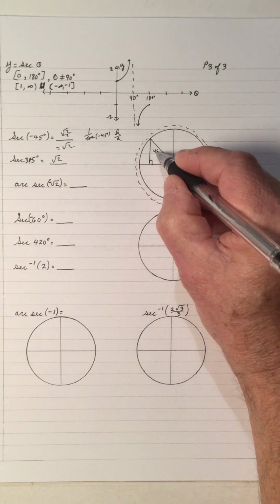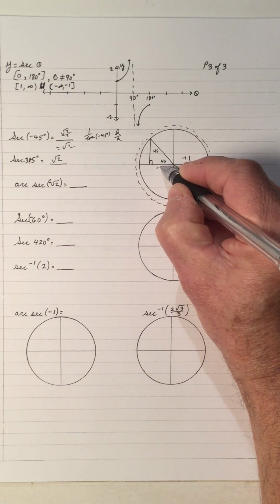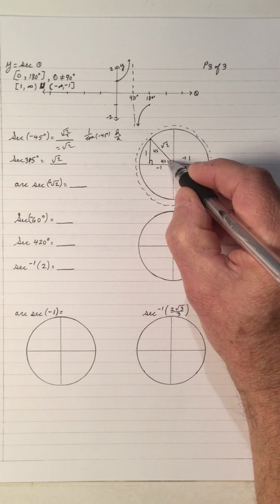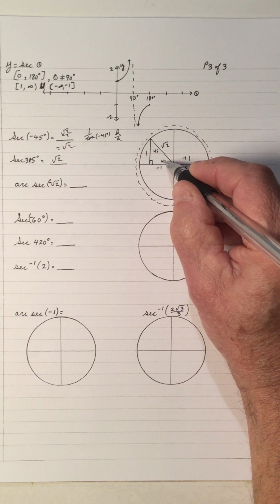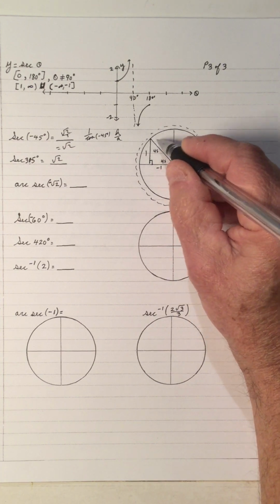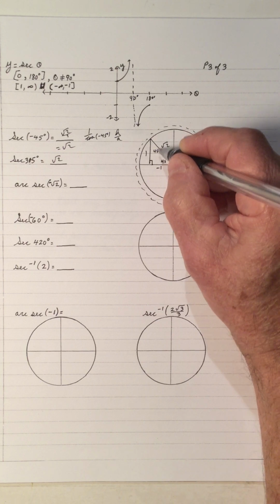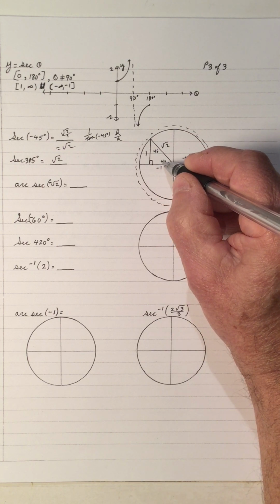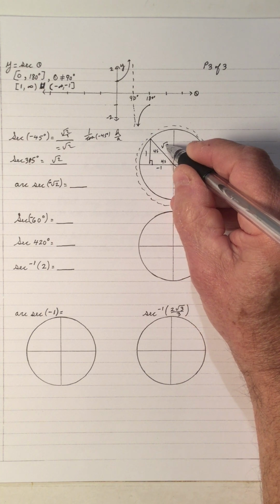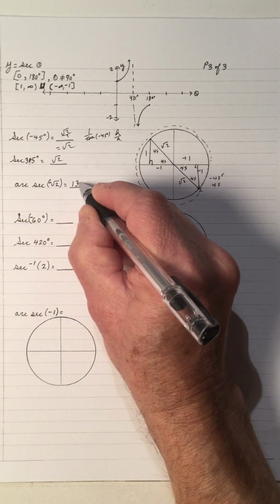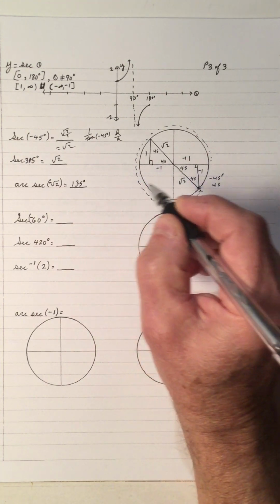And it's negative, so this is negative 1, this is positive 1, this is root 2. So the cos of 135 is negative 1 over root 2, but secant is root 2 over negative 1. So the answer here, the angle must be 135 degrees.